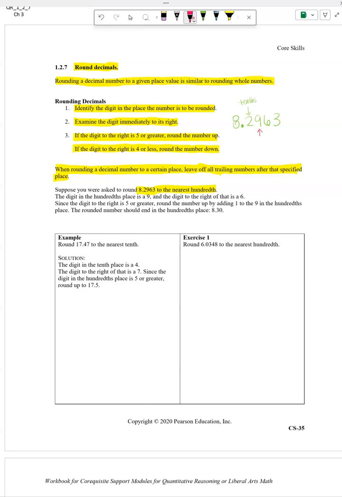This one is the hundredths. So tenths, hundredths, what do you think this next one's going to be? This is the thousandths. And then this would be the ten-thousandths, okay? It just goes on like that, on and on and on.